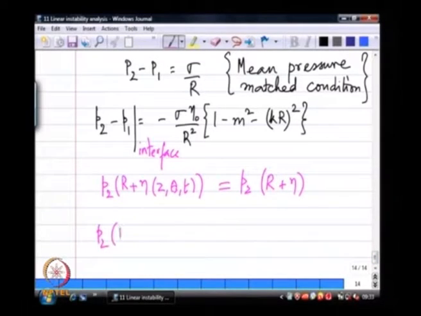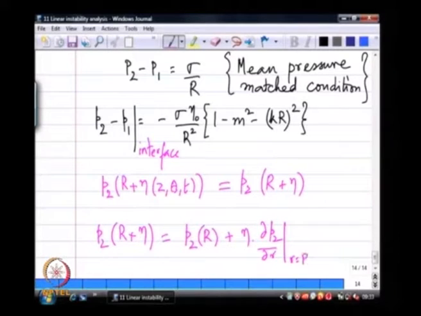I can write P2 at R plus eta to be equal to P2 at R plus eta times dP2 dr evaluated at r equal to R, plus order eta squared terms, a simple Taylor series. Now, P2 itself is a perturbation quantity.